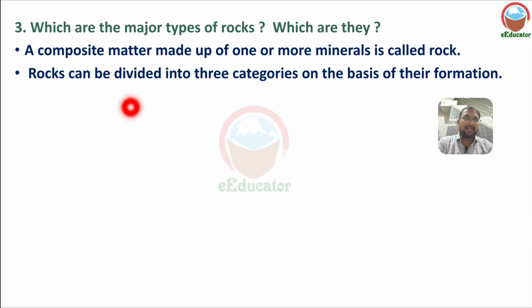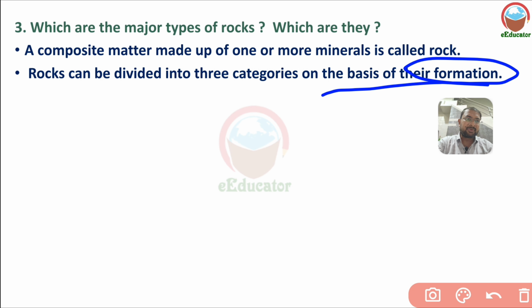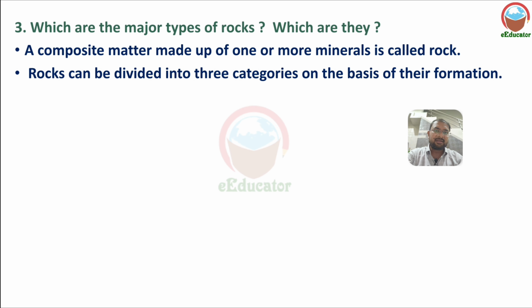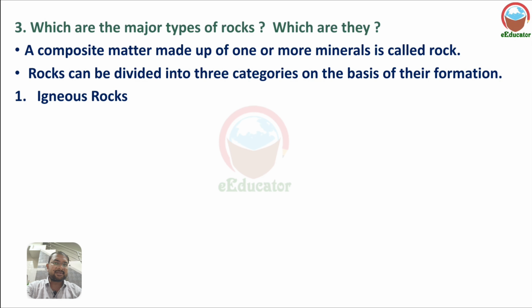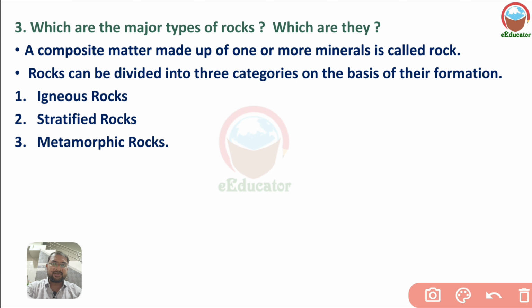Rock can be divided into 3 categories on the basis of their formation: igneous rock, stratified rock, and third, metamorphic rock. These are the 3 types of rock on the basis of formation.